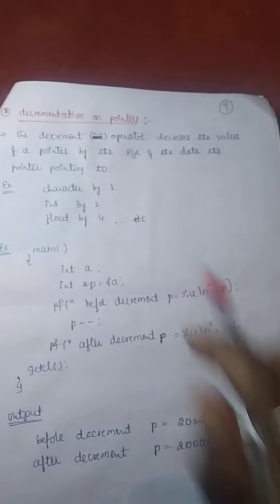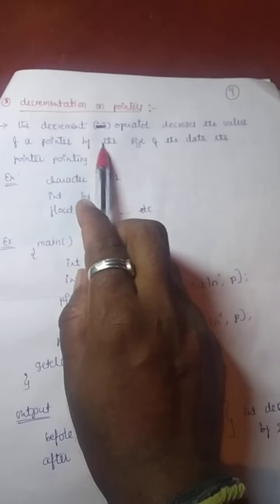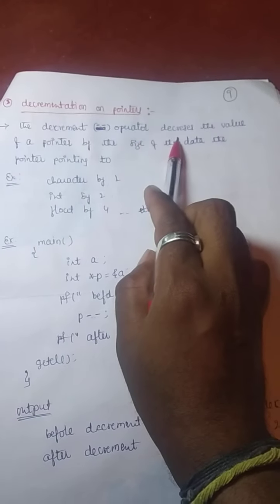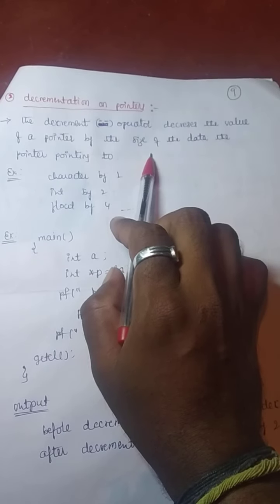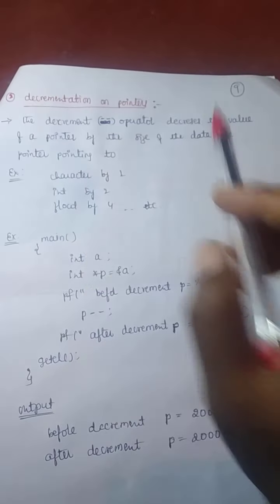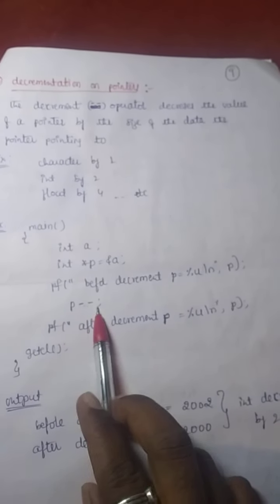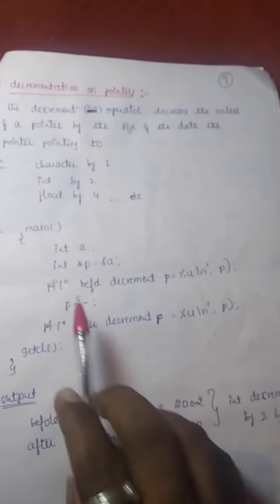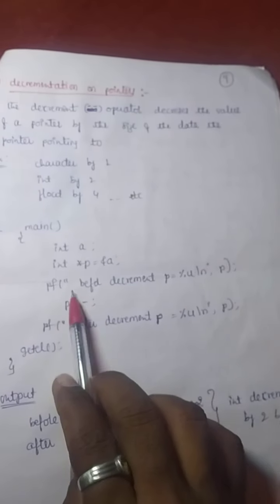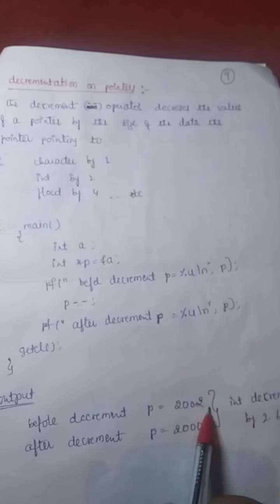Then we have decrementation on pointers. Same as incrementation, we have the decrement operator here. Minus minus is the operator which decrements the pointer value by the size of the data the pointer is pointing to. So what happens if you use p--? Suppose consider the starting address is 2000. Before the decrement you print p is equal to %u, it means 2002.